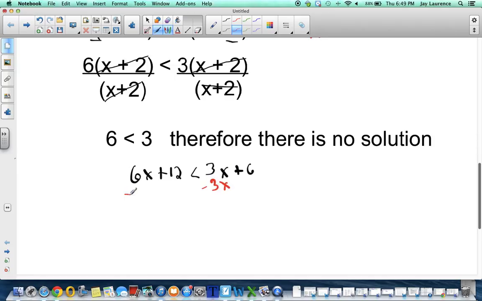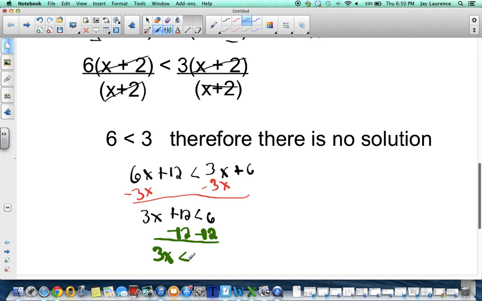I prefer to subtract the variable with the smaller coefficient. I've told you that. And so we're going to get 3x plus 12, which is less than 6. And then we're going to treat this like a two-step equation the rest of the way. We're going to subtract 12, and we're going to get 3x is less than negative 6.